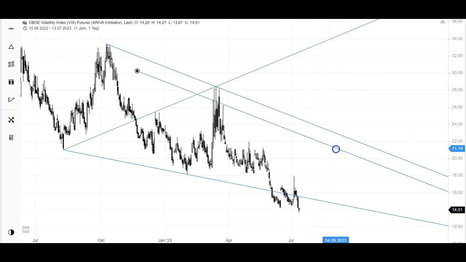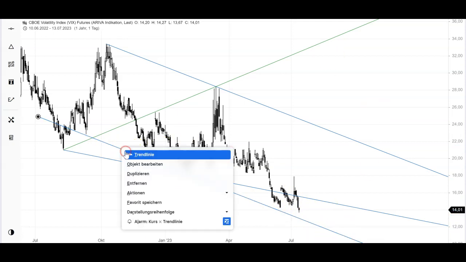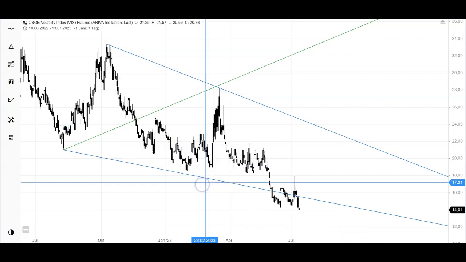A little orientation, we just can duplicate that line over here. We put it on that third touch here, or that third hit, and they like to walk around that line before there's a major turn in the market.